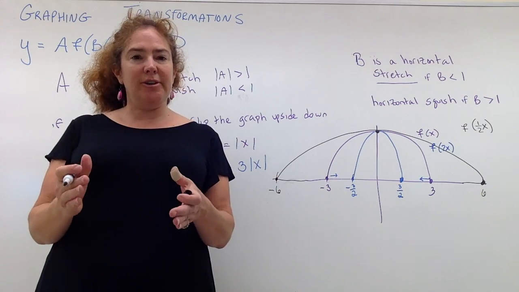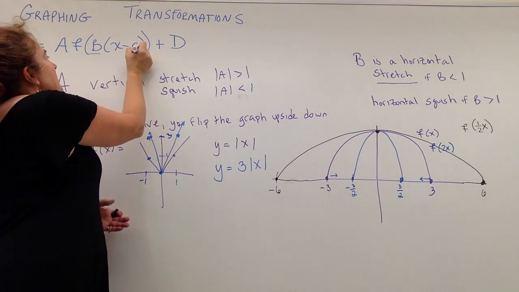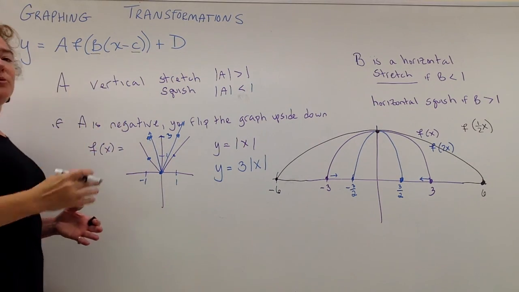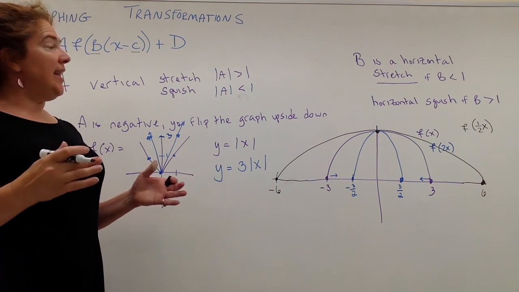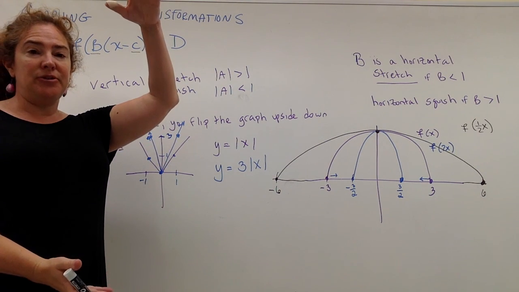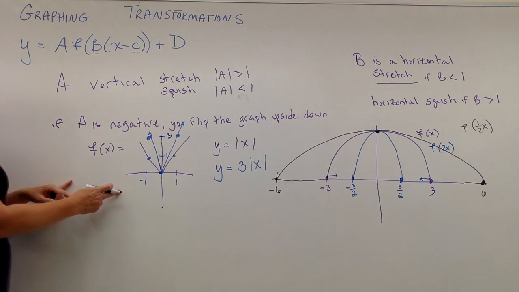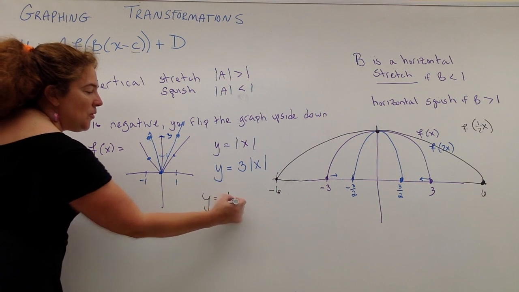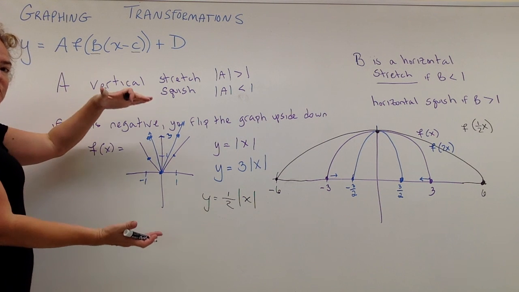So all you have to do, you're looking at x values, okay? For B and C, we're looking at the x values. For A and D, we're looking at the y values. So we've seen that A is a vertical stretch or a vertical squish. Again, I could come back over here, and if I want to know y equals 1/2 the absolute value of x, I would squish it down.